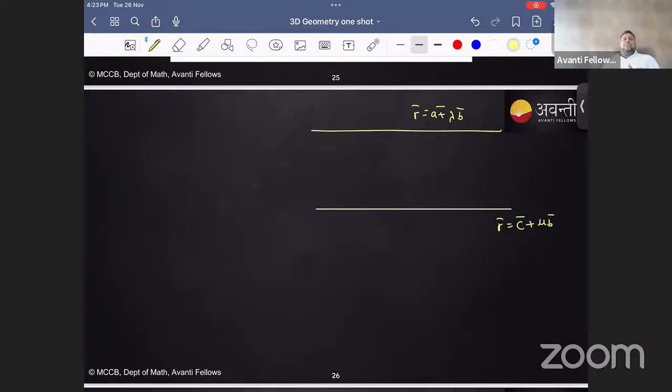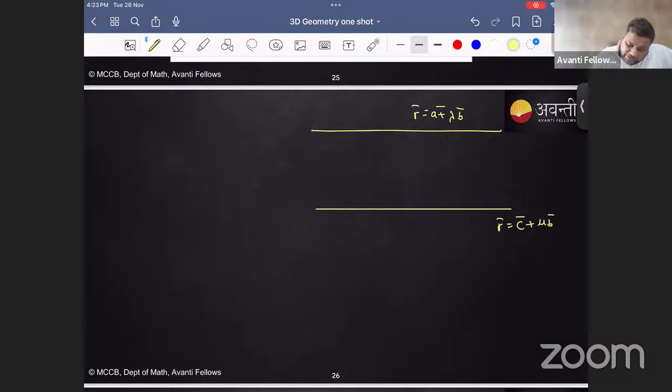That's pretty visible because they both are along vector B. Yes or no?